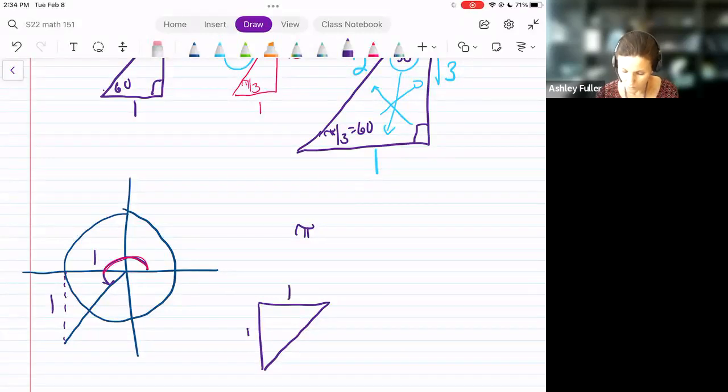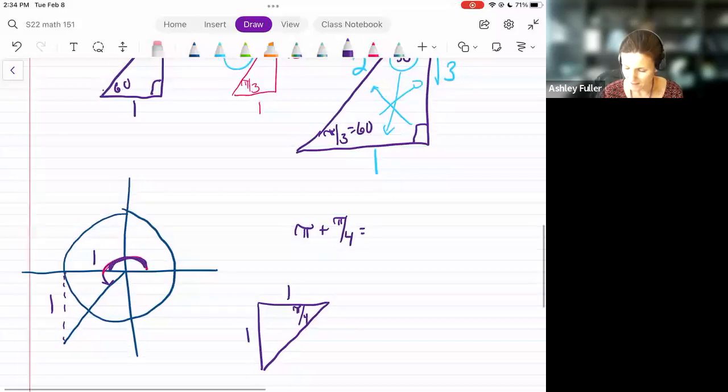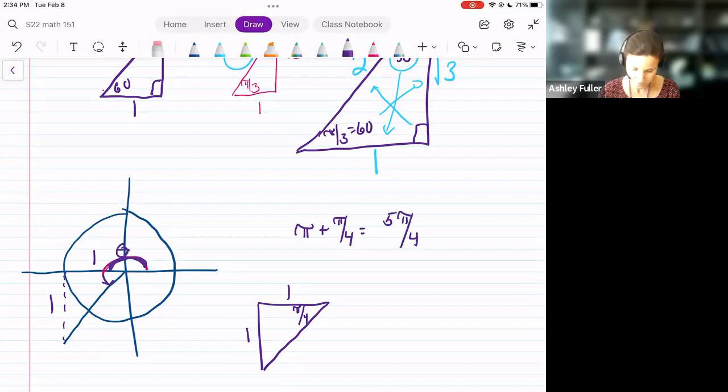Well, from what we just discovered, this relationship tells us that this angle right here is pi over 4. So we know that pi plus pi over 4 results in that theta being 5 pi over 4.